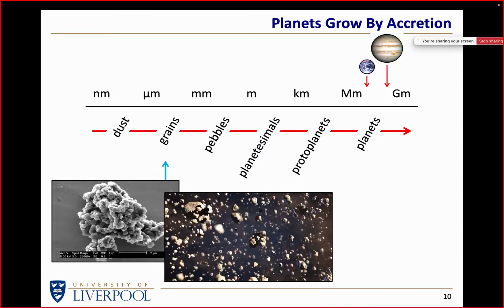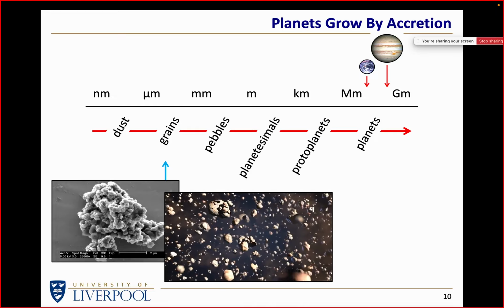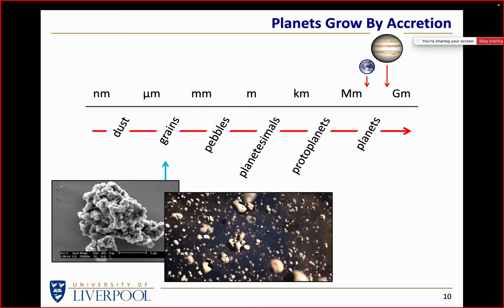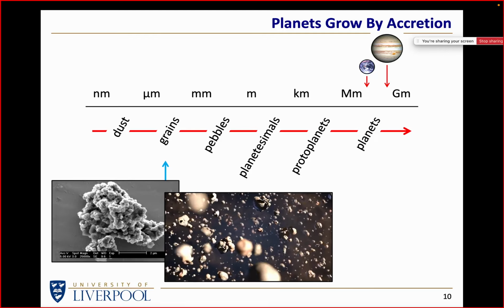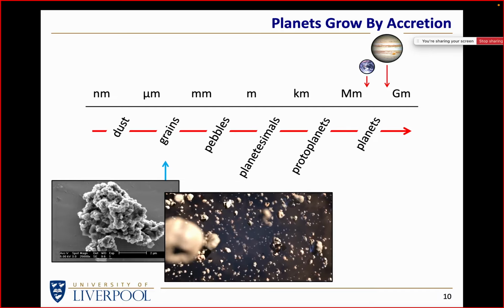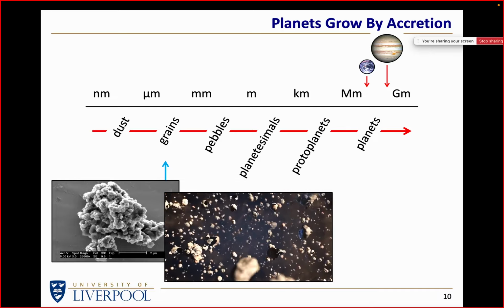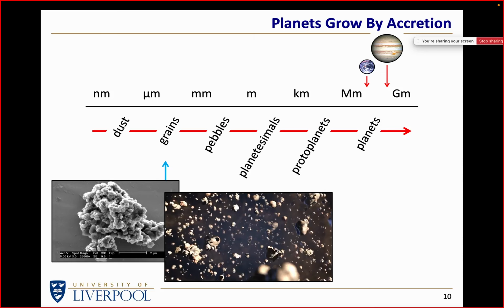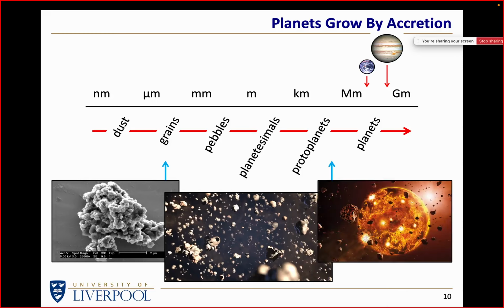These individual dust grains, when they bang together, they will stick. Van der Waals forces or other electrostatic forces will make them stick together, and they will grow into pebbles, which ultimately grow into boulders, which grow into huge kilometer-sized objects that eventually grow into planets.